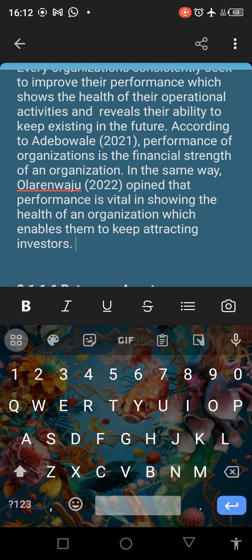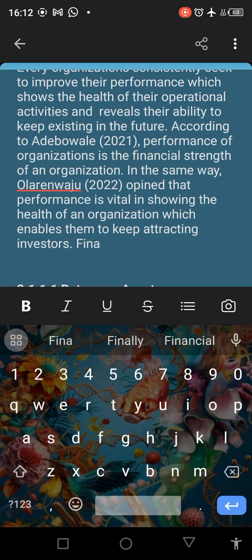And Olarewaju makes me understand that performance is vital in the health of an organization because it enables them in attracting investors. I will now say that, this is now what I understand from what has been said.